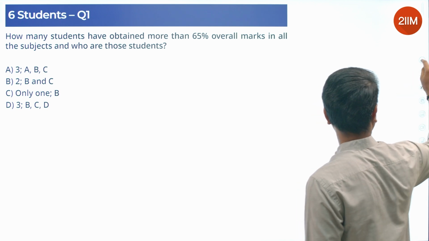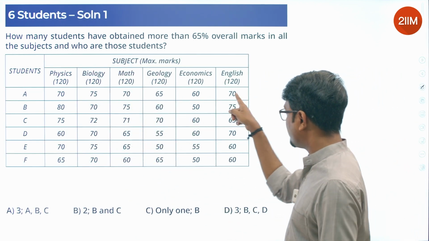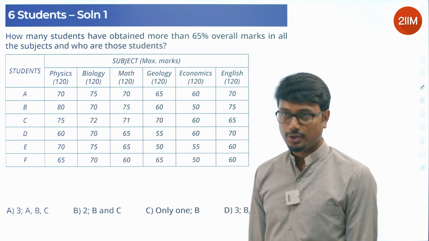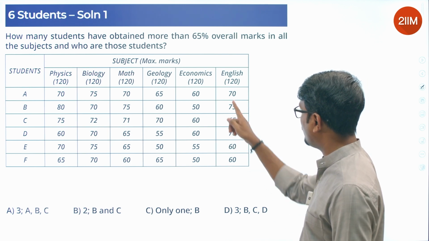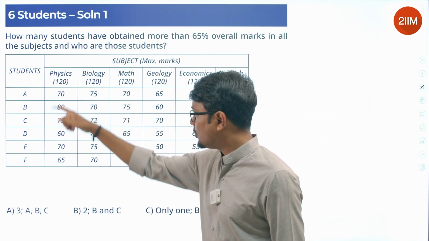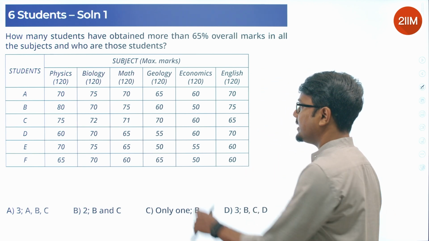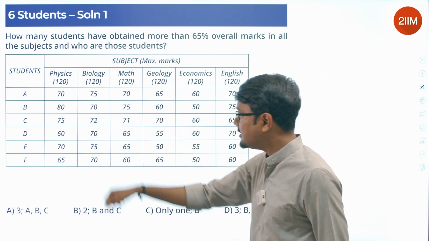We'll check with the first person, A. Since we've got the percentages, we'll find the entire aggregate and the average. 70, 75, 70, 65, 70, 60, 70. 4 times 70 is 280, then 60 and 60 make 120, so 400, plus 5 here and 5 here, 410.